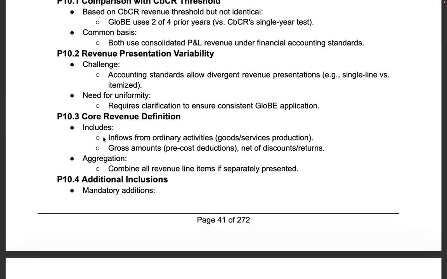Basically, if you look at these two bullets, these are the gross inflows. So we have to be able to not only segregate the gross inflows from ordinary activities and even from other activities, but we have to be able to aggregate them as well. Only then will we be able to ascertain whether the revenue during any 2 of the last 4 years exceeded the 750 million euro per annum threshold.